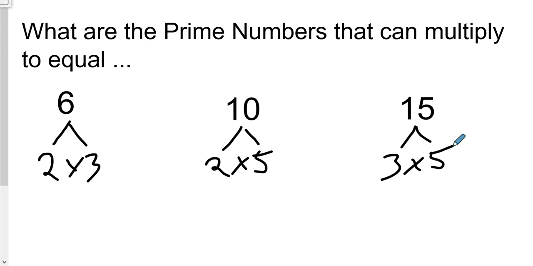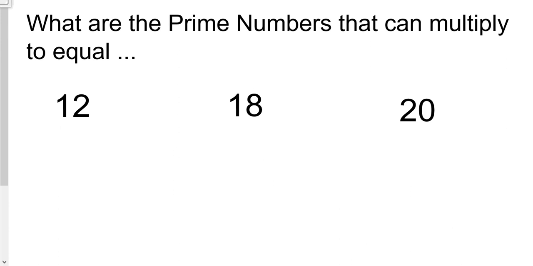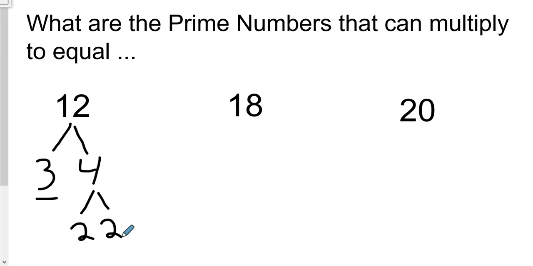All right, then we went a little step further with that. 12. Remember, 12 can be divided multiple ways. I can do 2 and 6, 3 and 4. Doesn't matter which way I do, I should still end up with the same prime numbers. So 3 is prime, 4 is not. It looks like that.